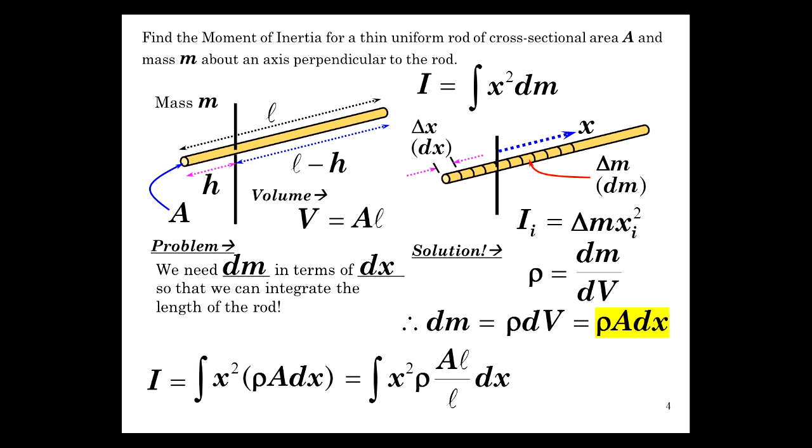Now, A L over L. Looks like we're going the wrong direction here in terms of simplification. However, what's AL? AL is volume. And the reason I'm expressing it in this way is because rho V, density times volume, is mass. So we're going to express this now in terms of mass.